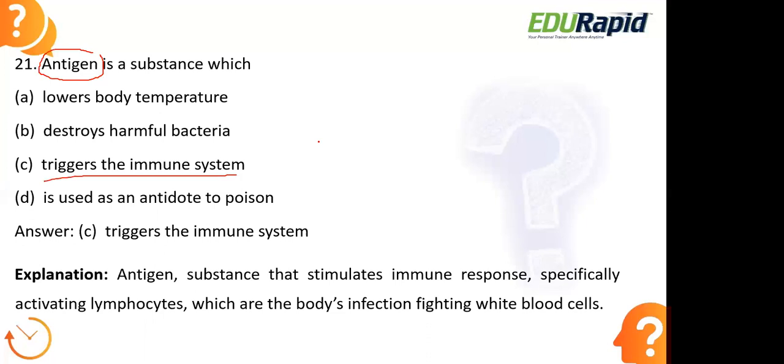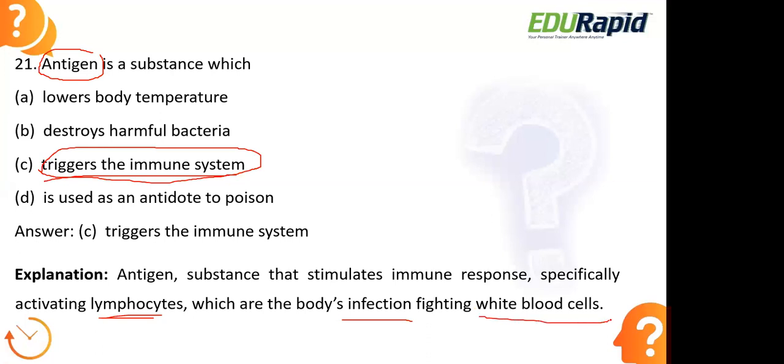Now, when there is the presence of an antigen in our blood, this antigen starts triggering our immune system. Our immune system will get activated and it will also activate the lymphocytes present here. Antigen is responsible for the activation of lymphocytes. Lymphocytes are part of our immune system, which destroys the infection caused by the foreign particles.